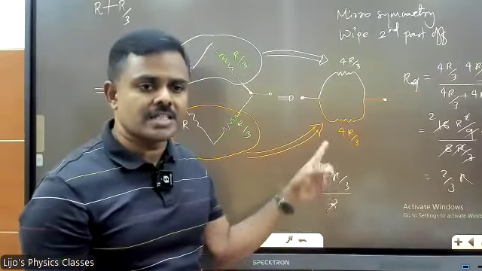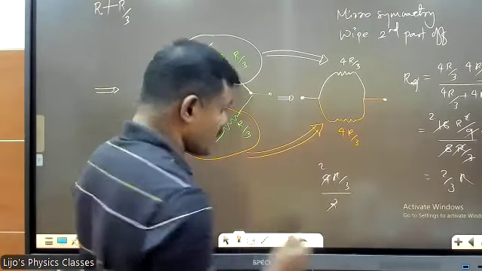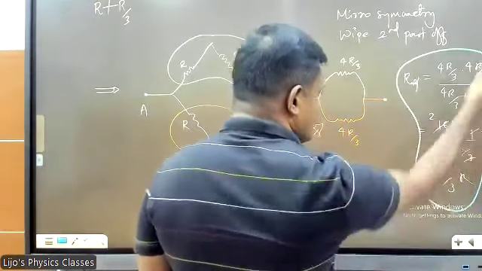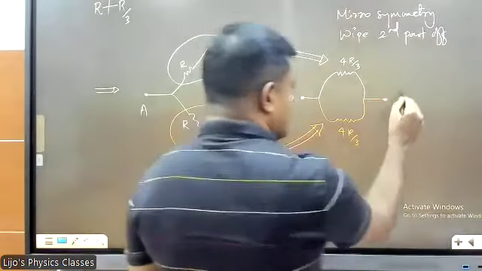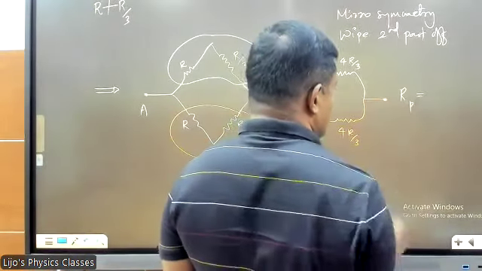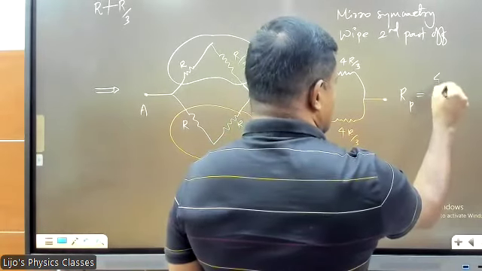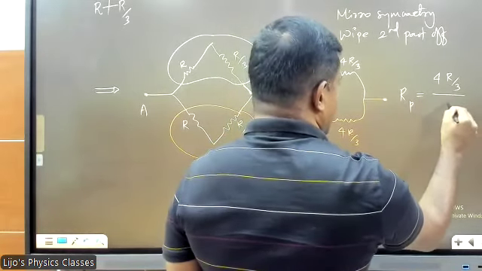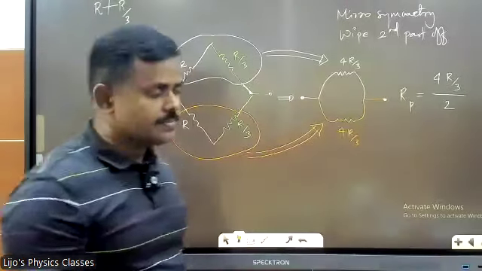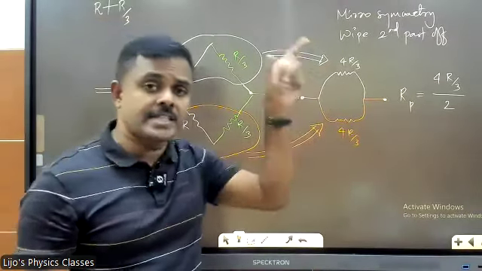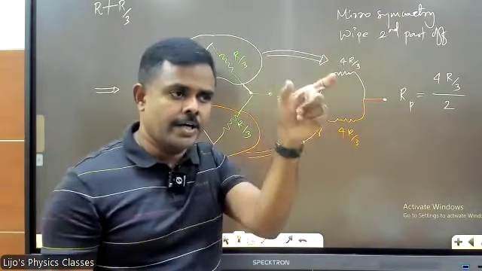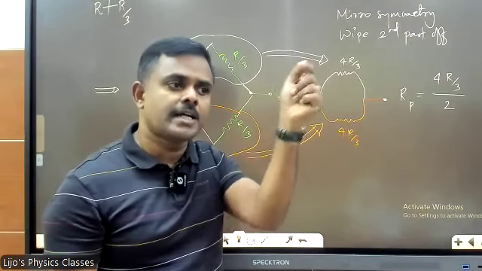Correct. For identical resistors, we have a shortcut. If you want, you can write that shortcut. Instead of doing all those calculations, you simply take it that way. R parallel is equal to resistance of one divided by number of resistors. For example, if two 10 ohm resistors are connected in parallel, it is 10 by 2.